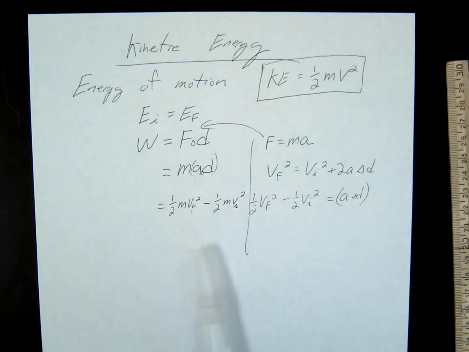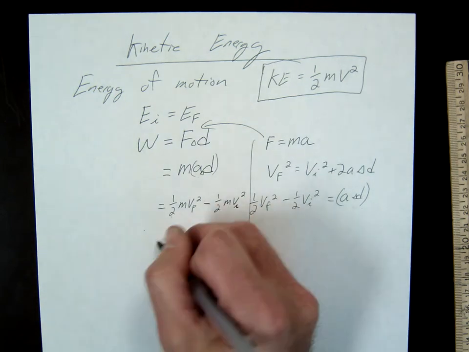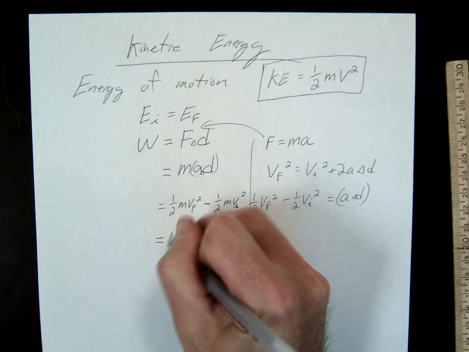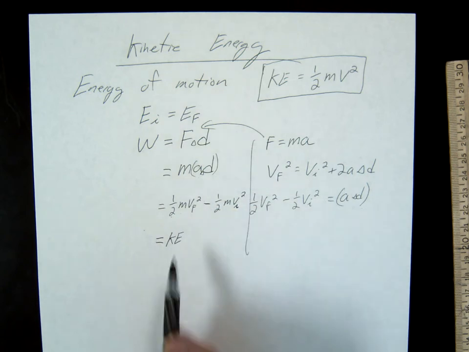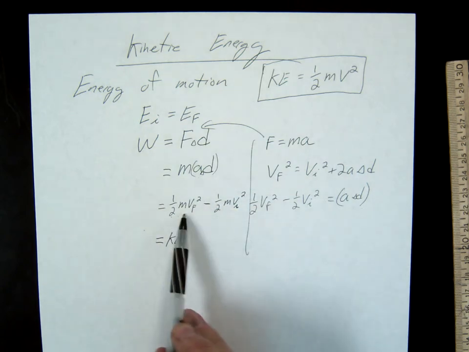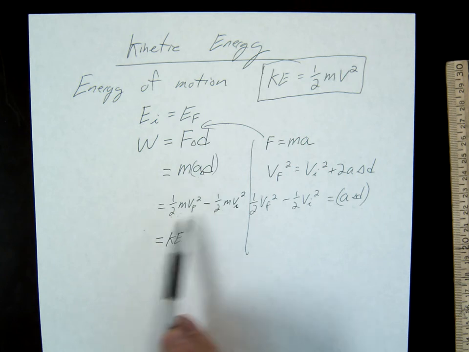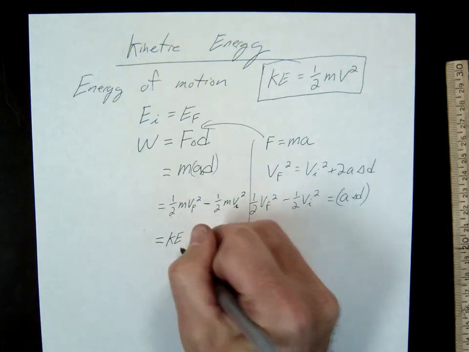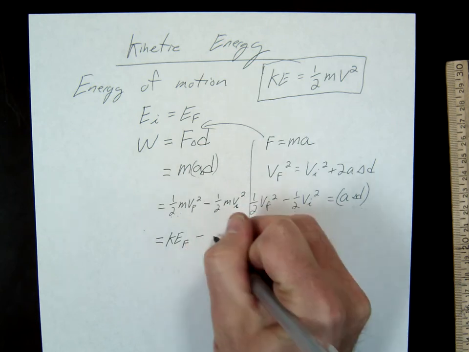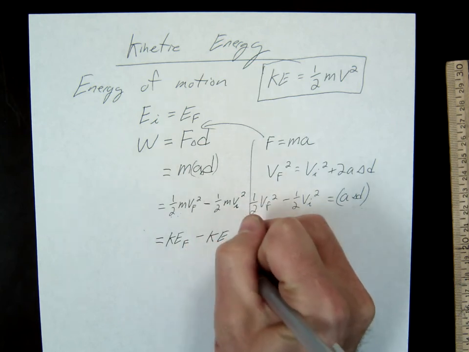All right, so let's just keep going with this. So I could write this then as KE. What's the difference between these two? Yeah, they're the same except one is a final and one's initial. So we could write this as KE final minus KE initial.